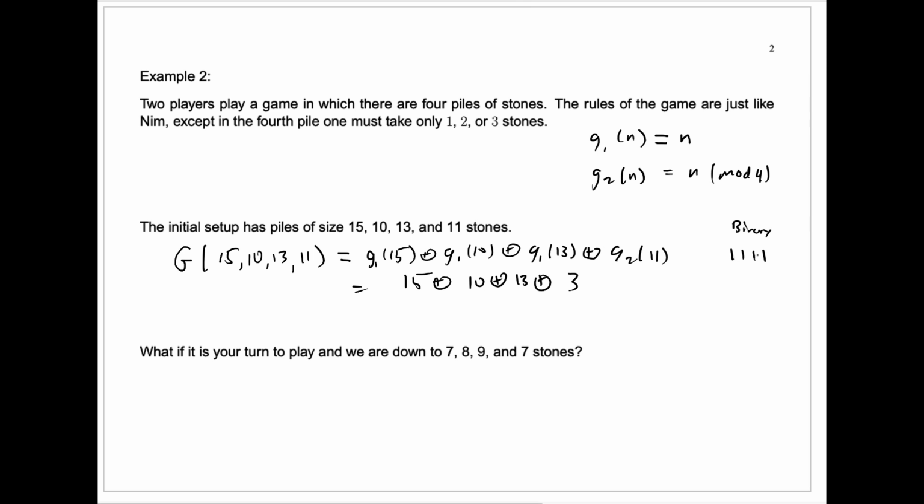That's 8 plus 4 plus 2 plus 1. 10 is 1, 0, 1, 0, an 8 plus a 2. 13 is an 8 plus a 4 plus a 1. And don't forget the 3 is a 1 and 1. And we're taking the NIM sum of these, and we get 1, 1, 0, 1. So this is an N position in this game.